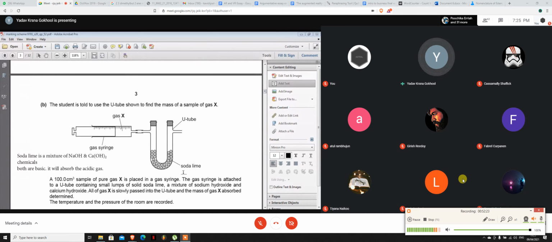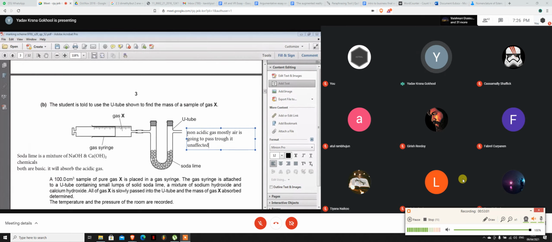So soda lime is going to absorb the acidic gas, and the non-acidic gas, mostly air, is going to pass through unaffected. We may have a slight change due to carbon dioxide, because carbon dioxide also is an acidic gas, but it is only 0.003%.